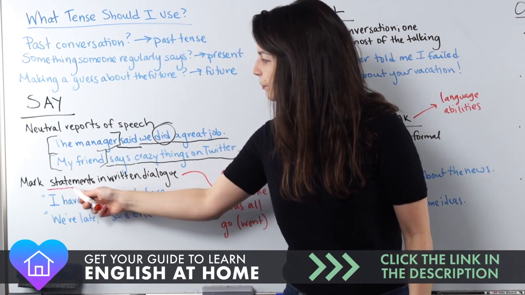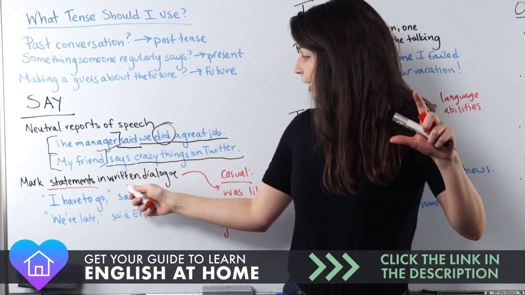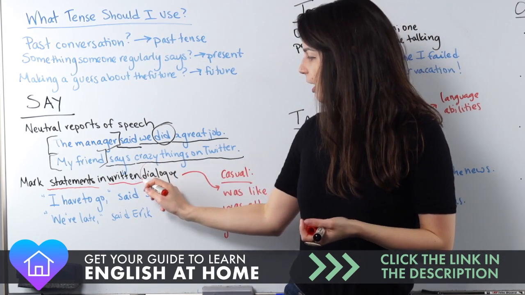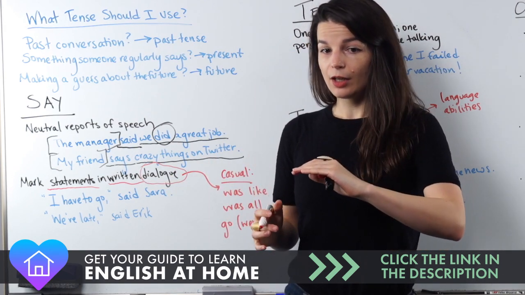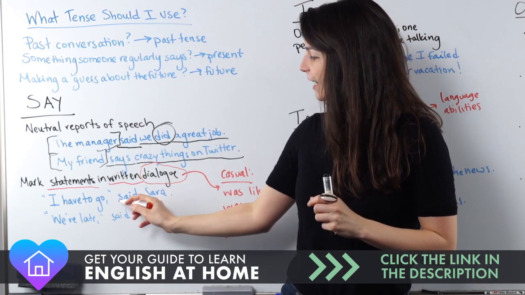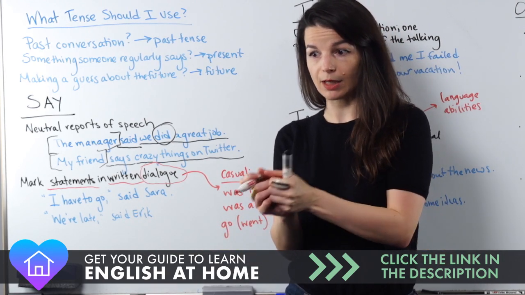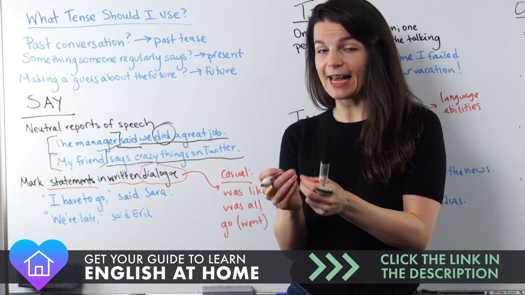A statement is a thing someone said. And written, so that means in text. Dialogue refers to a conversation. Yeah? So we use said to do this. So when you read books, you see said. Someone said so-and-so. We do this with the verb say.